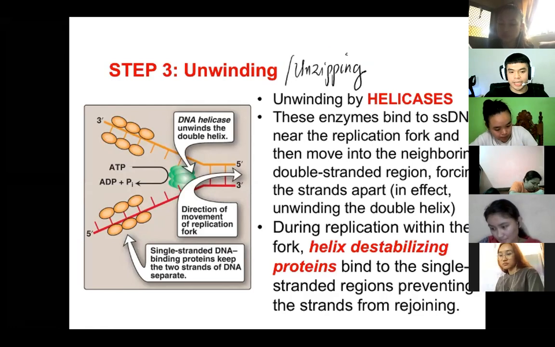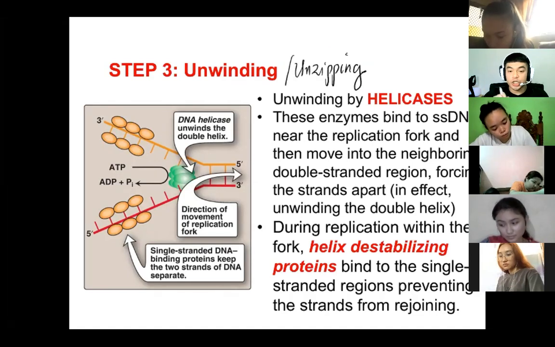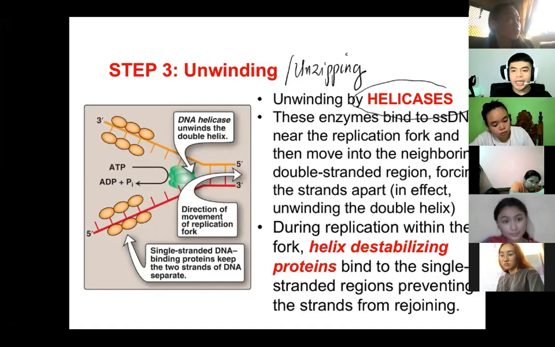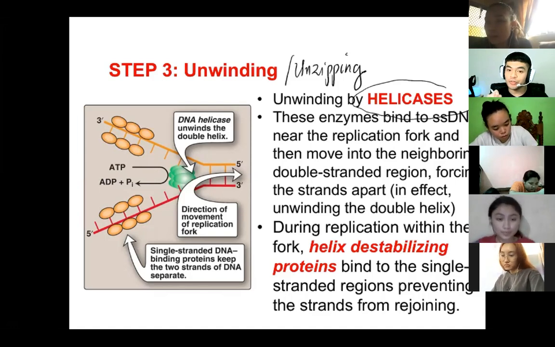Okay, we need an enzyme, and the enzyme responsible for the separation, rather not destruction, separation of double-stranded DNA into a single-stranded ones are the helicases. Okay, DNA helicases. So helicases are the ones responsible in the separation of the double-stranded DNA para sila maging single-stranded.